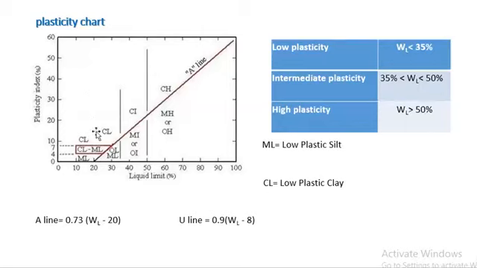The formula of the A line is 0.73 into WL minus 20, and the U line is 0.9 into WL minus 8. If the soil lies below the A line, it's silt, and if above, then clay. Below 35 is low, 35 to 50 intermediate, above 50 it's high.